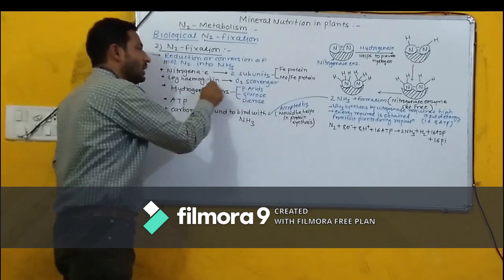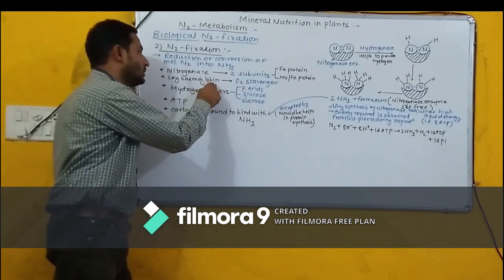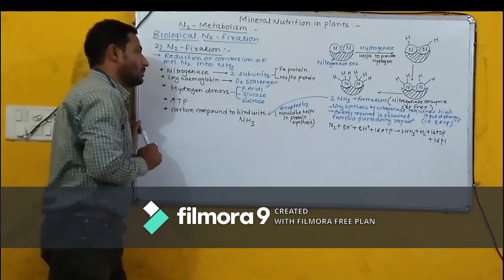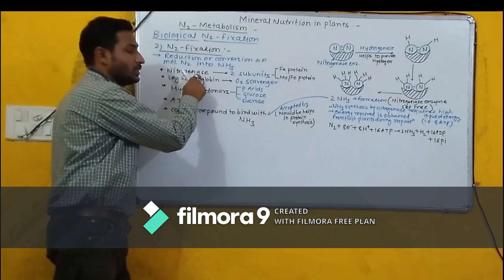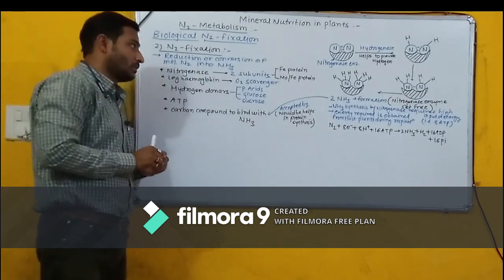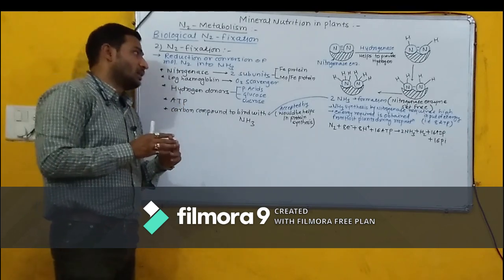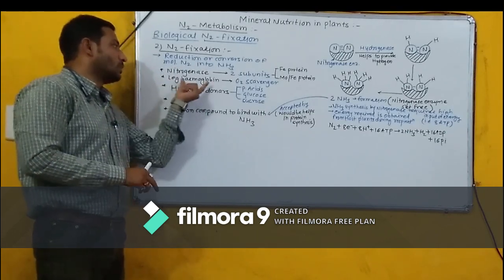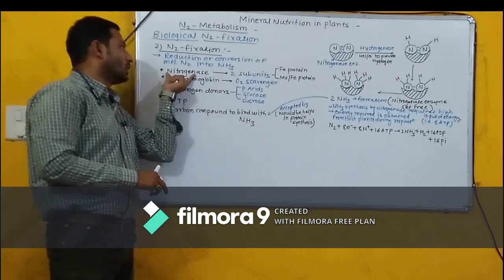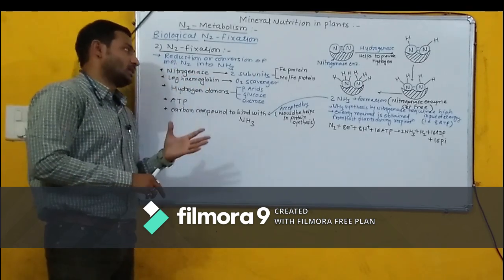It means it creates the environment required by the nitrogenase enzyme. As I told you in an earlier lecture, the nitrogenase enzyme can work only under anaerobic conditions. That's why leghemoglobin provides the environment for the working of the nitrogenase enzyme.